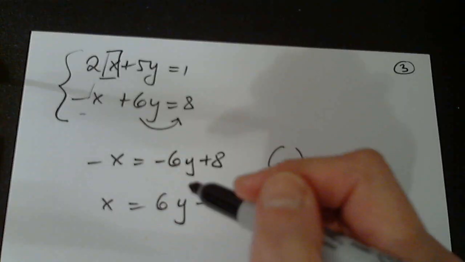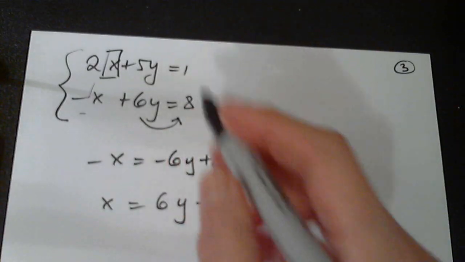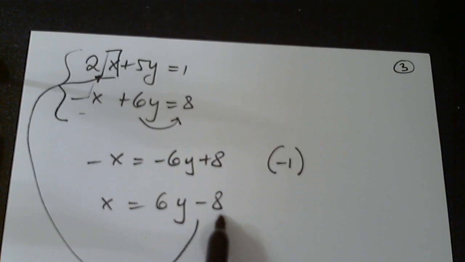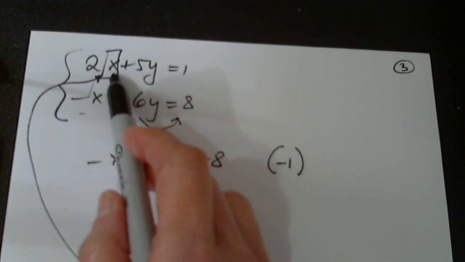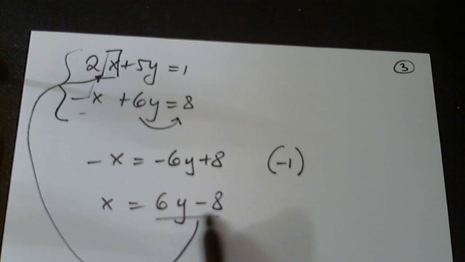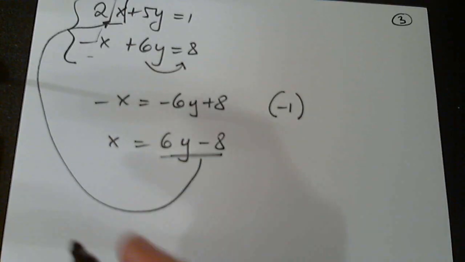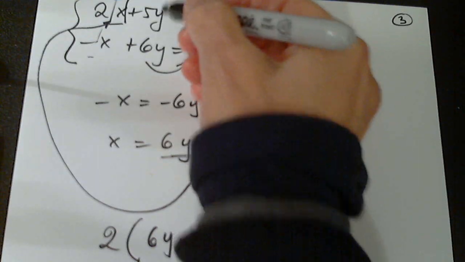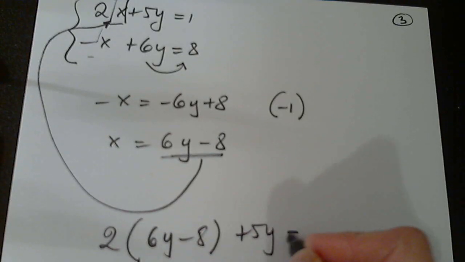So now I will go to the first equation, because I haven't used it yet, right? And replace x by 6y minus 8. Why? Because x and 6y minus 8 are the same. So 2 quantity 6y minus 8 plus 5y equals 1.